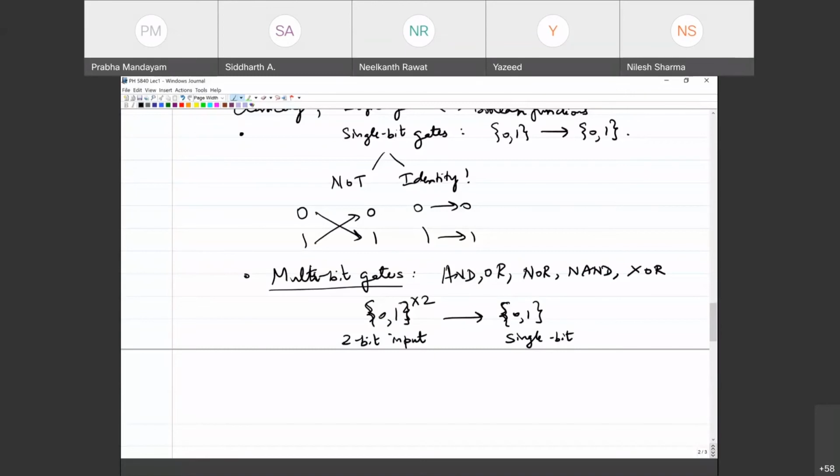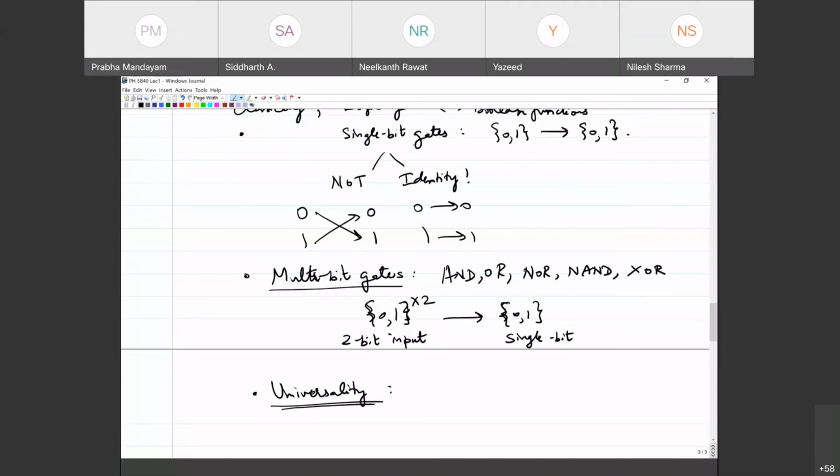The crucial thing is this idea of universality. So can someone tell me what is universality in the classical case? So if I'm doing classical computing, these are all the gates I need to know, right?